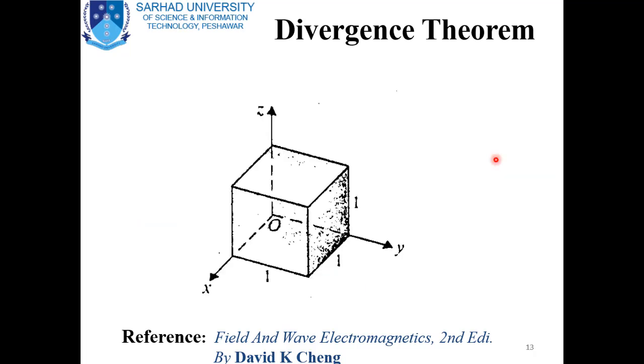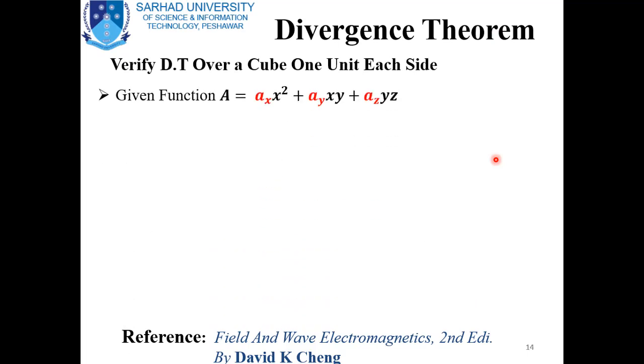Now, in order to understand the divergence theorem, here we are presenting an example in which we have to verify the divergence theorem for a unit cube, and we consider a function which varies along the cube in all the dimensions. So a function A is equal to ax x squared plus ay xy plus az yz.